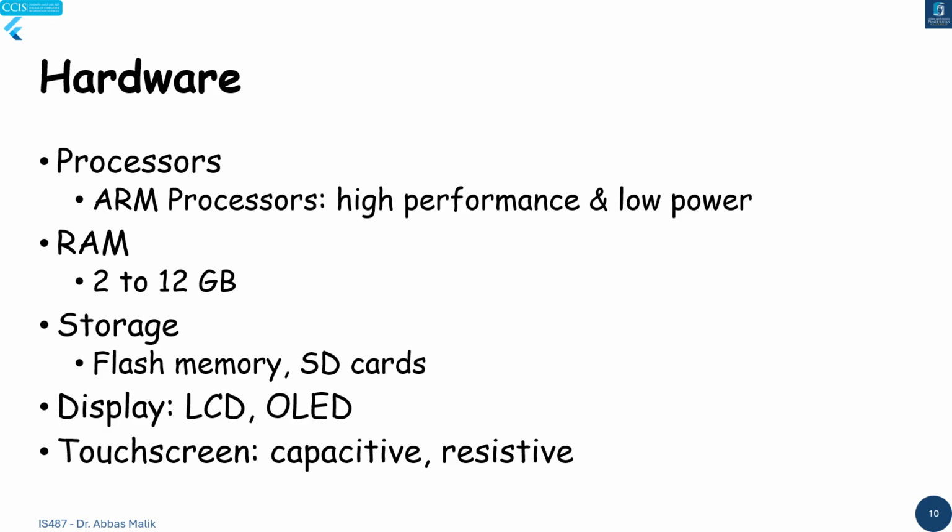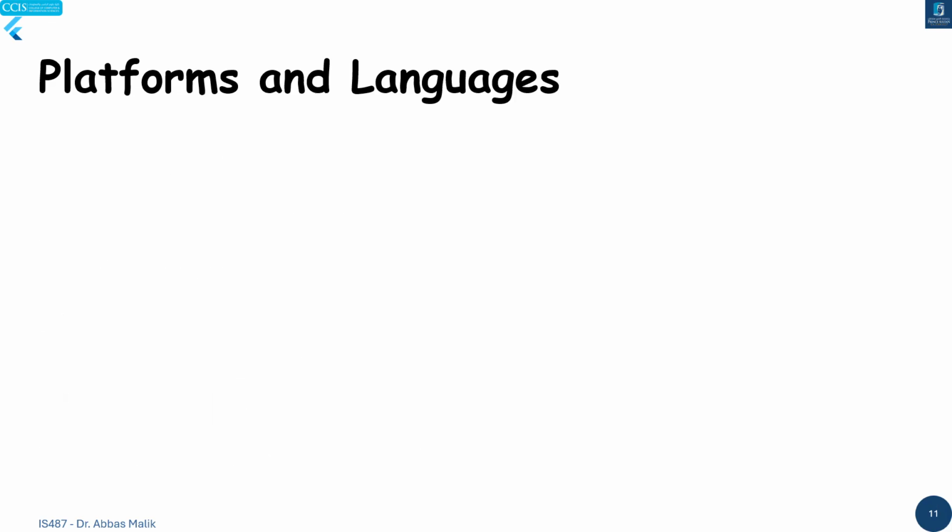But I think in the current scenarios, these SD card slots have disappeared and the internal flash memories have become very, very big. We are talking about 1 terabyte or 2 terabytes and so on. We have displays which are again touch screens, resistive and touch sensitive and so on. So these are some hardware capabilities of these mobile devices.